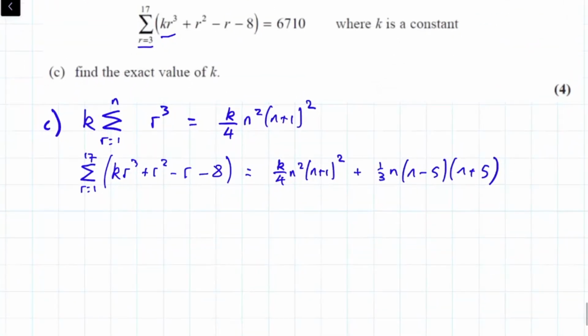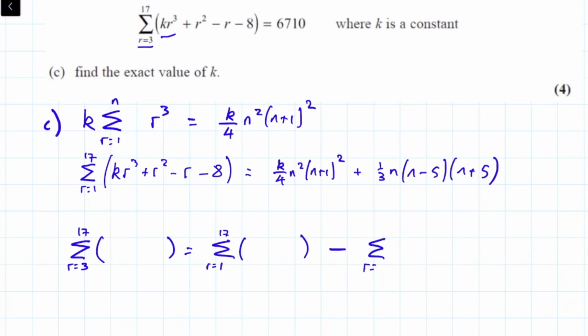However, just to make things even more complicated, our sum does not start at 1 anymore. It starts at 3. So we've got to deal with that as well. So remember, if we want the sum from r equals 3 to 17 of all of this, that is going to be equal to the sum from r equals 1 to 17 of all of this minus the sum from r equals 1 to 2.